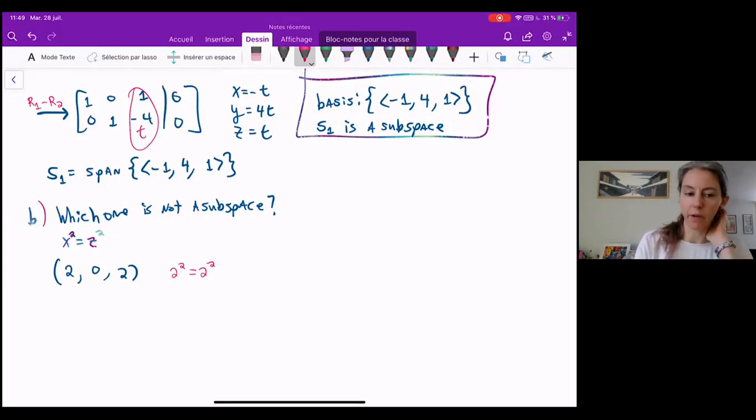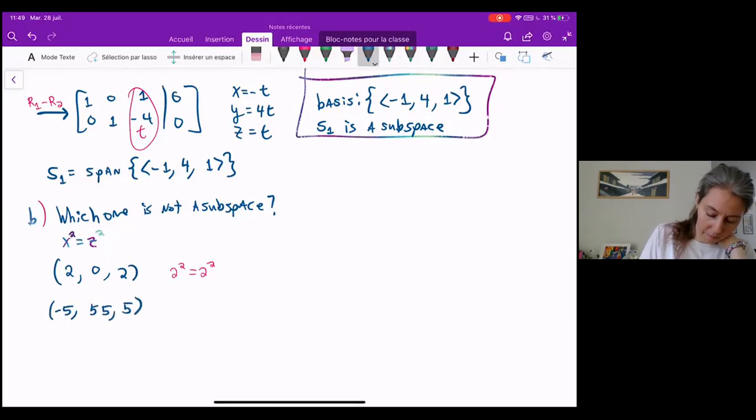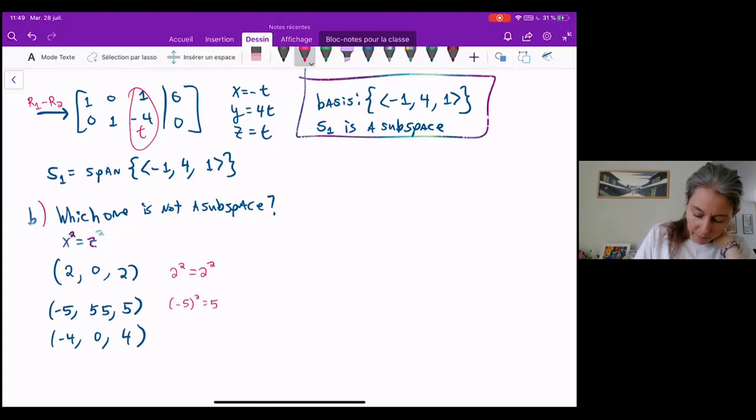And let's try to be creative here. (-5, 5, 5). (-4, 0, 4). You got it. So both of these are in the space as well, because -5 squared is equal to 5 squared, and -4 squared is equal to 4 squared.